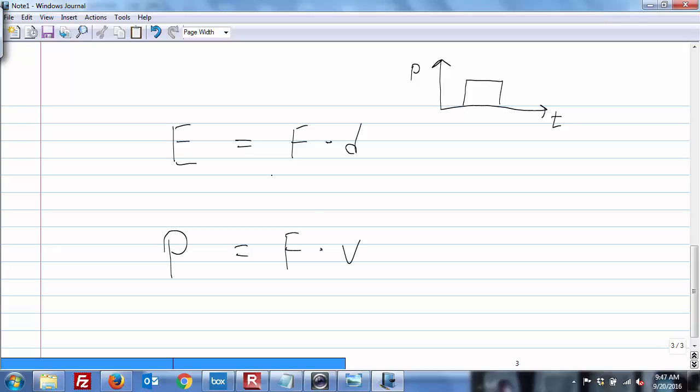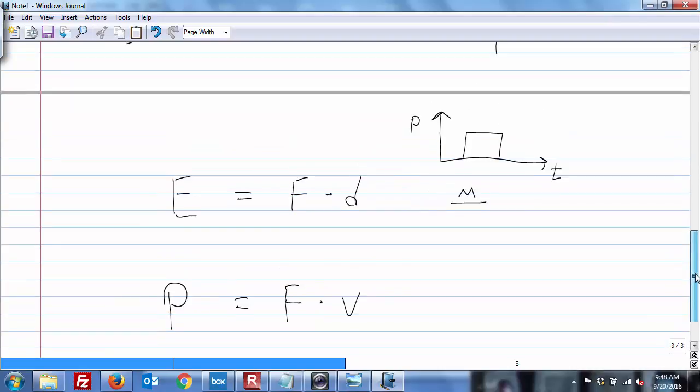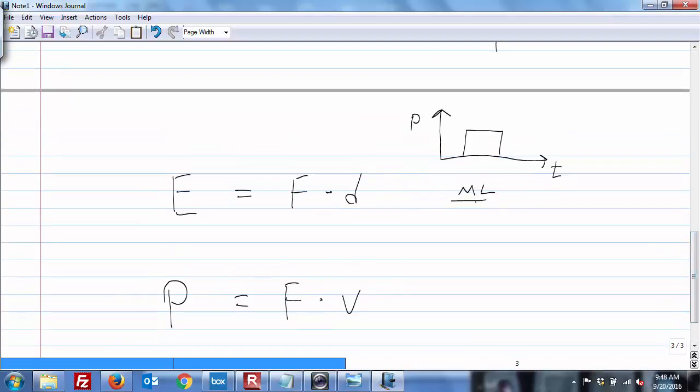Now we can look at the dimensions of energy. We know from our previous slide that force is mass times length over time squared.